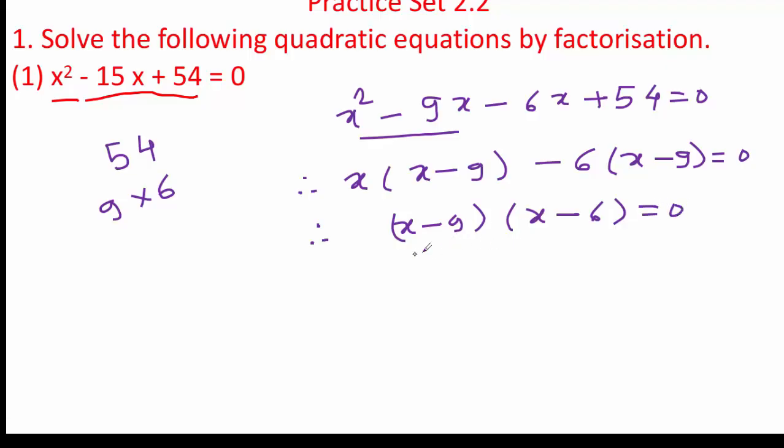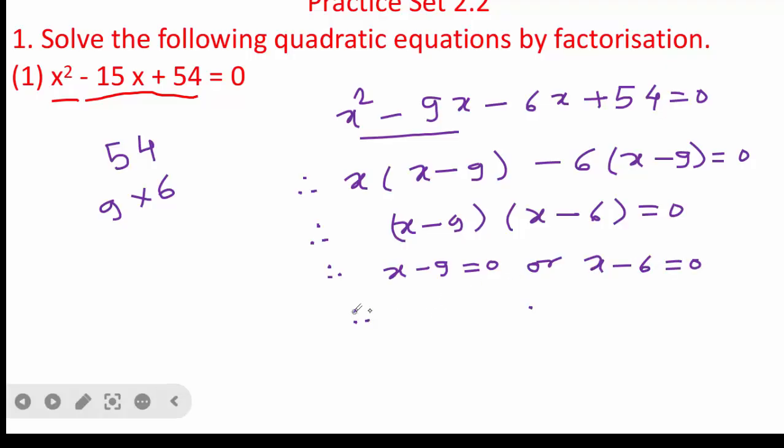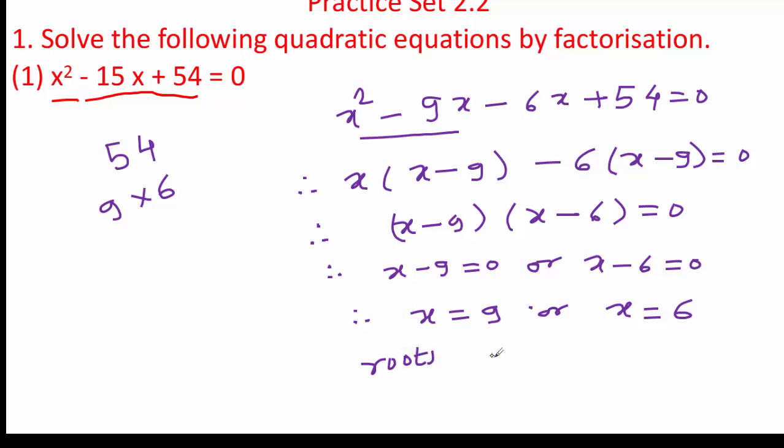From these two factors, x minus 9 may be 0, or x minus 6 equal to 0. x minus 9 equal to 0 implies that x equal to 9, or x minus 6 equal to 0 implies that x equal to 6. Therefore, roots of quadratic equation are x equal to 6 or 9.